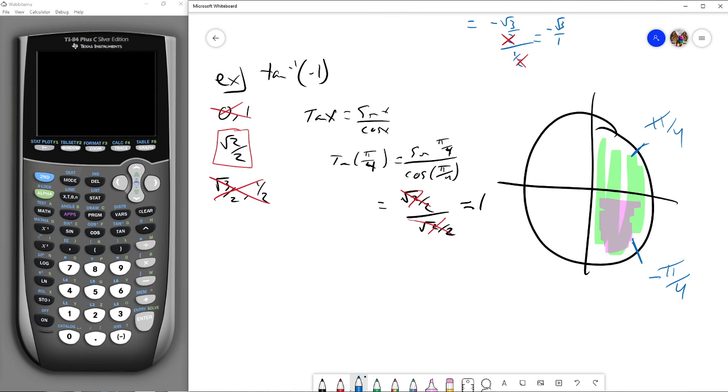Just to recall, for negative pi over 4, we have root 2 over 2, comma, negative root 2 over 2 as our x and y coordinates. So, arctangent of negative 1 has to equal negative pi over 4.